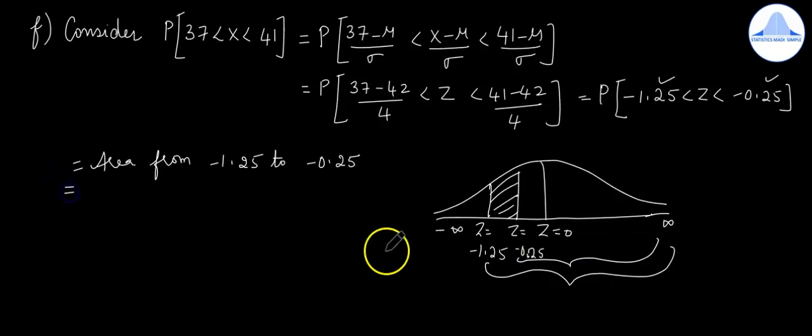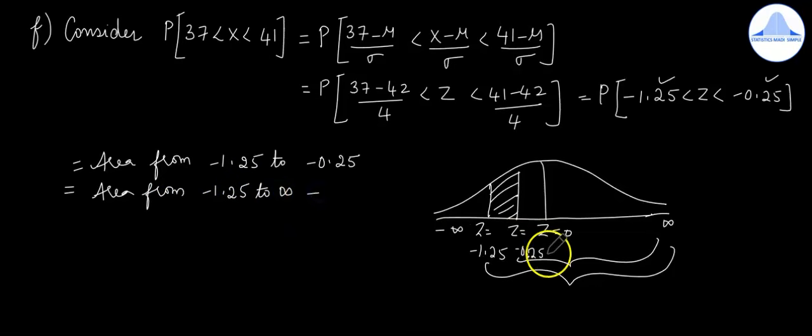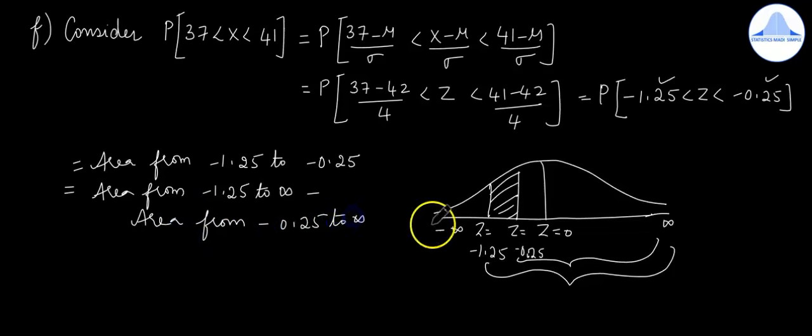So the larger flower bracket area, that means the area from minus 1.25 to infinity, minus the smaller flower bracket area, that is the area from minus 0.25 to infinity, will give us the shaded area.